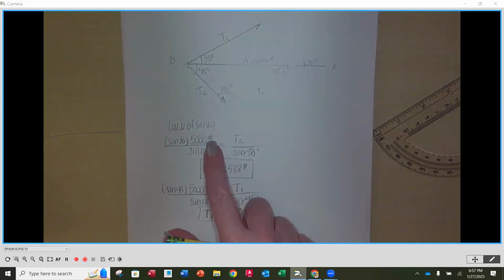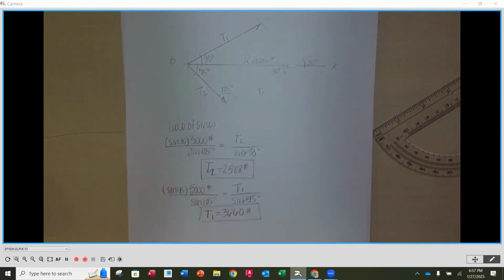Notice I have the symbol for pounds, not only in the final answer, but in the equation itself. If it would cancel out, I would be canceling it out and then making sure that I end up with the appropriate units. When I'm looking at tension here, tension is a force, so the units for force are going to be, in this case, pounds, right? Or in the last case, I think it was newtons that we were dealing with.